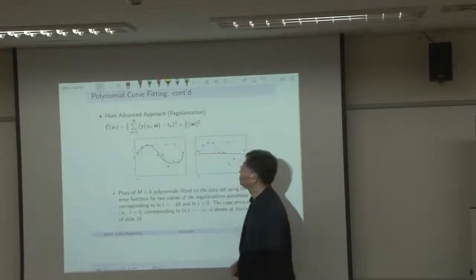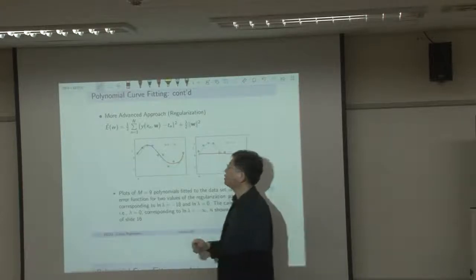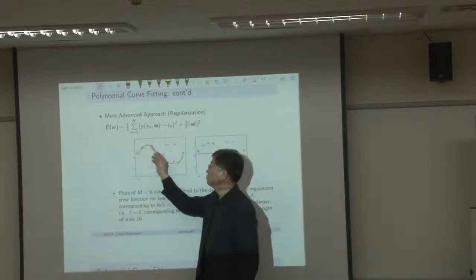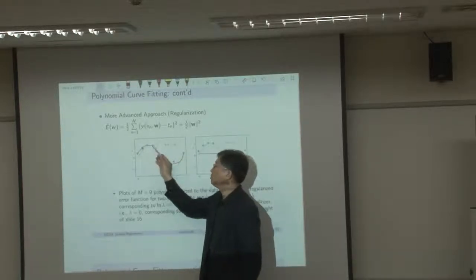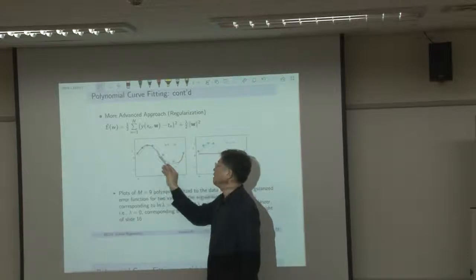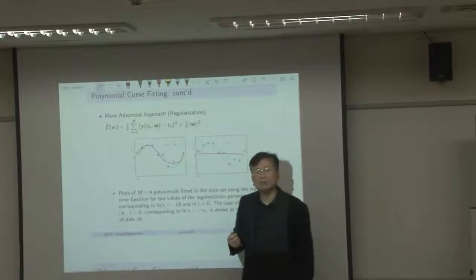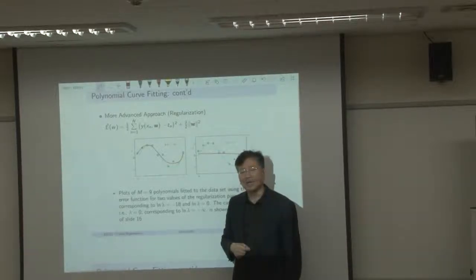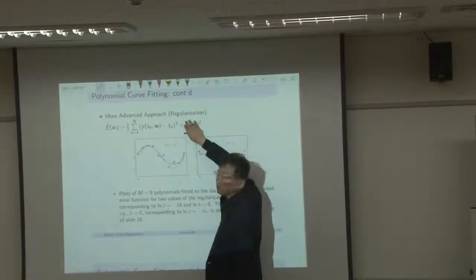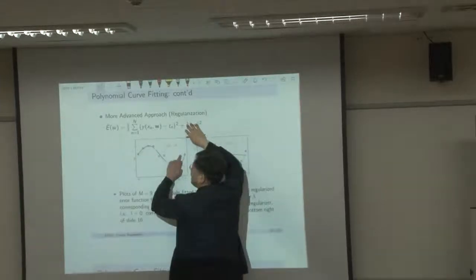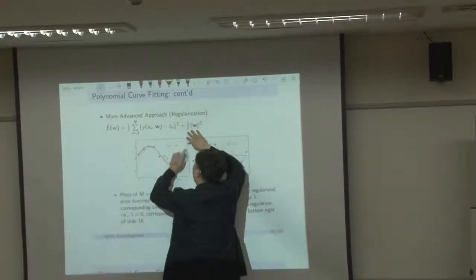In this case, I have 10 training data points, 1, 2, 3, 4, 5, 6, 7, 8, 9, 10, and I use a 9th order polynomial. When I did that, the fit went crazy on the training data.